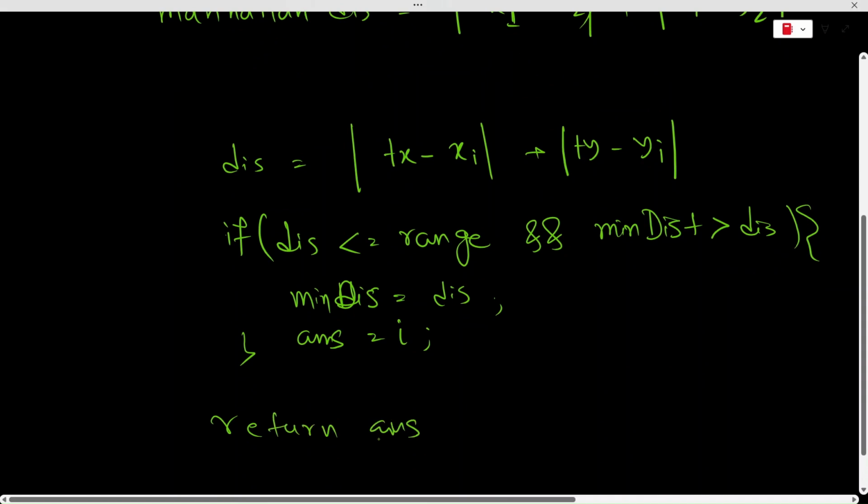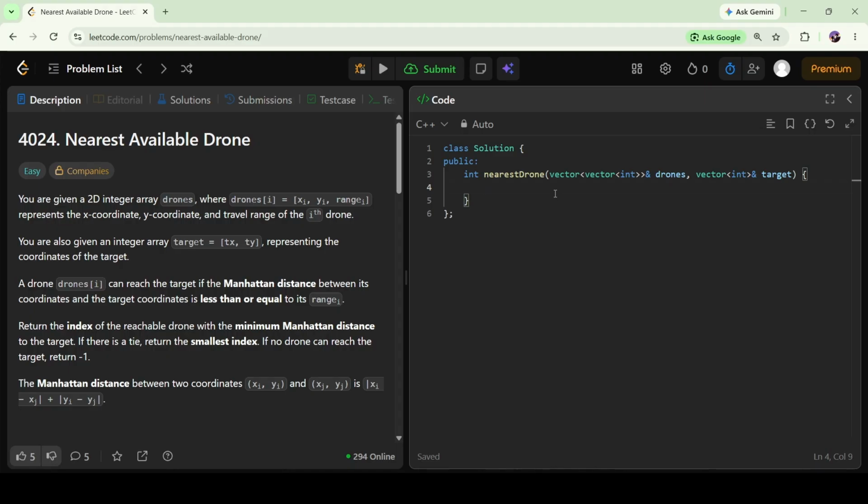So without wasting any time, let's quickly code it up. First of all, we have drones, so n will be drones.size. We need to return the answer, which will be initialized to -1, and our min distance will be INT_MAX. Now just iterate over this drones array.